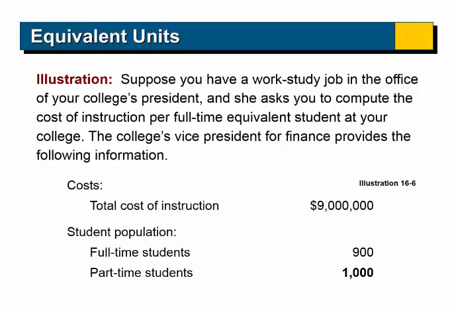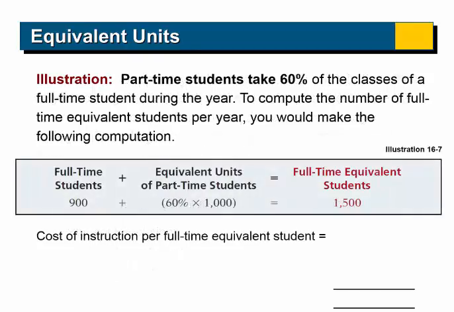Well, how much of the instruction is going to these part-time students? Well, we would need to know about the quantity or the makeup of the hours or their usage of the instructor's time, right? So the part-time students take 60% of the classes of a full-time student during the year. So we can use this as our conversion, if you will, like in the other example.